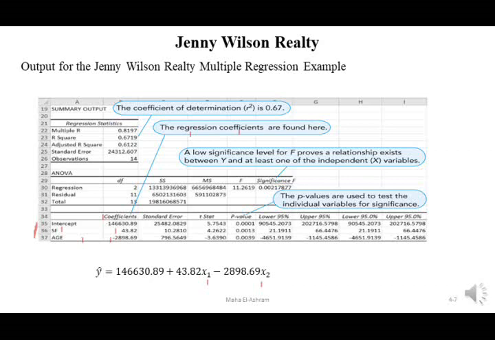So y hat is equal to the intercept plus b1x1. b1 is the coefficient. You will find all the values of b naught, b1, and b2 in the column titled coefficients.